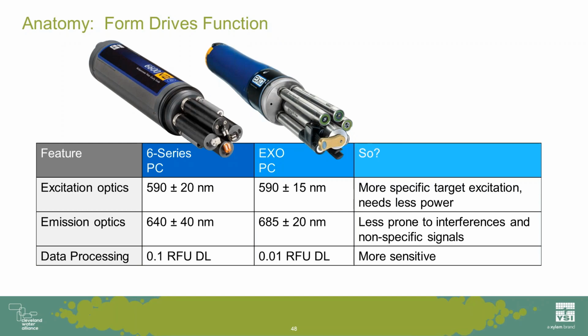That means on the EXO you get much better specificity when you excite that phycocyanin molecule. The other nice thing is you don't need as much power to excite the molecule. The EXO sensor is a lot less prone to interferences and non-specific signals, and then that firmware gives us an extra boost that gives us a 10-fold better sensitivity.